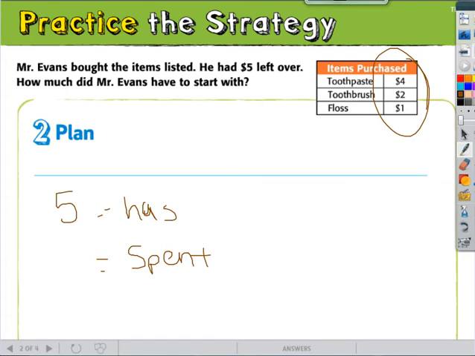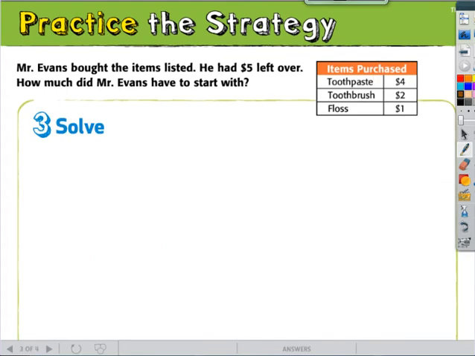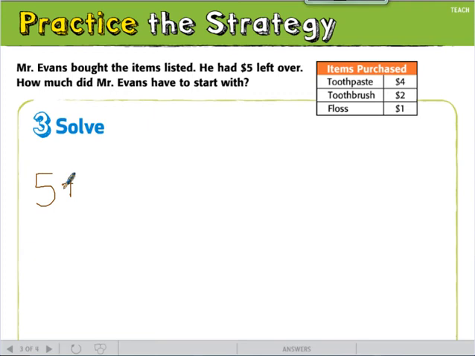So that's what we're going to do. We're going to take our 5 and we're going to add that to what he spent, which I'm going to put in parentheses. It doesn't have to be because it's all going to be addition, but just because it separates and it shows us the 2 different parts.